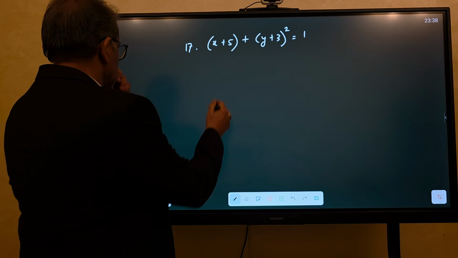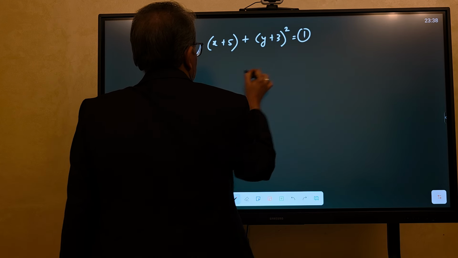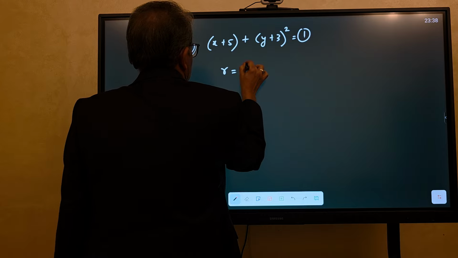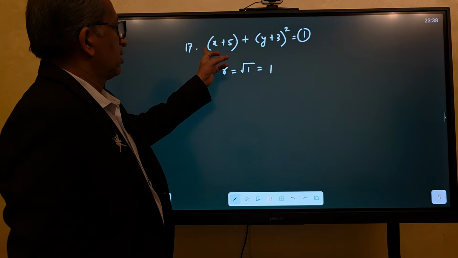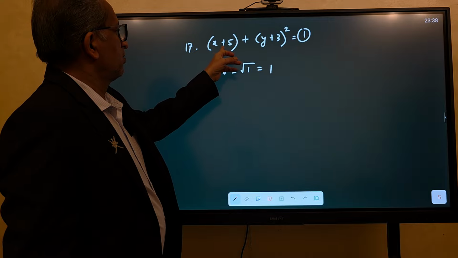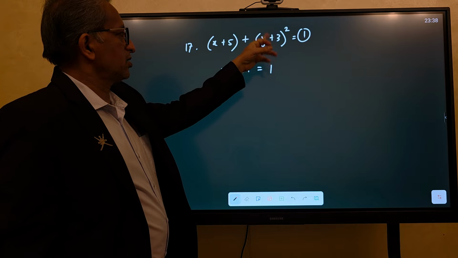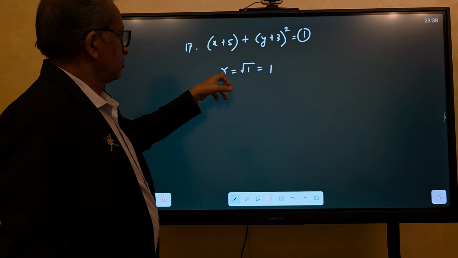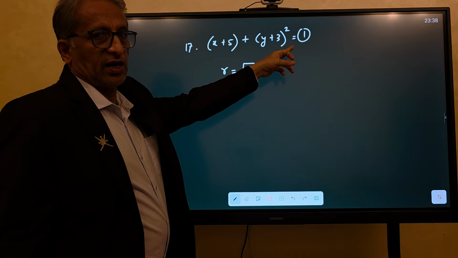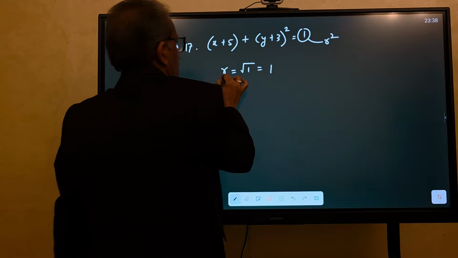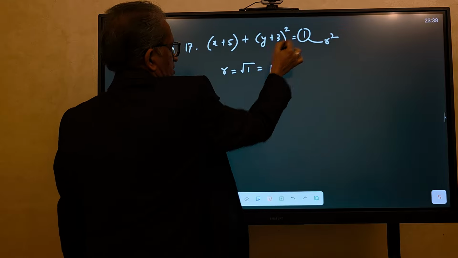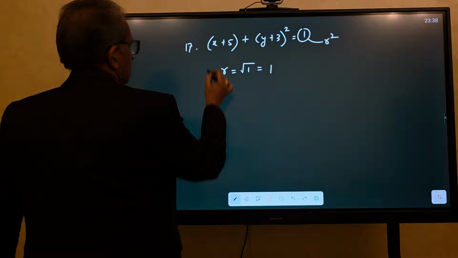So what is the radius? Radius is square root of 1, that is 1. Because x minus h square plus y minus k square equal to r square. So this is r square in fact. But I want r, so I have to take the square root of this. Square root of 1 is 1.